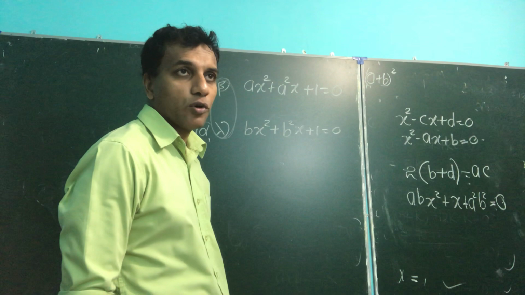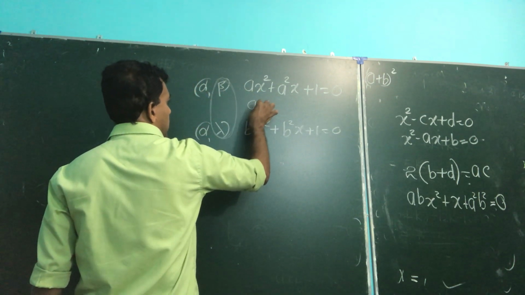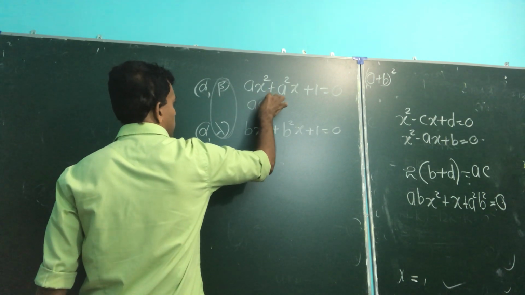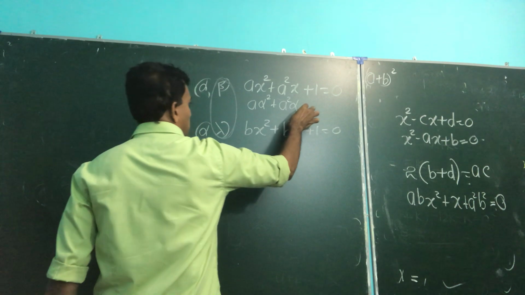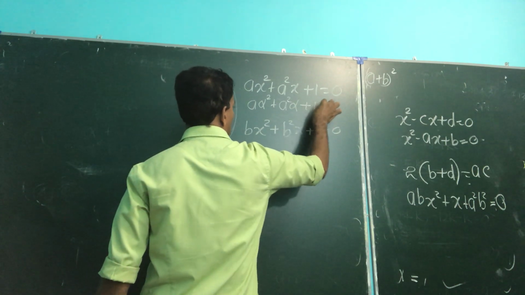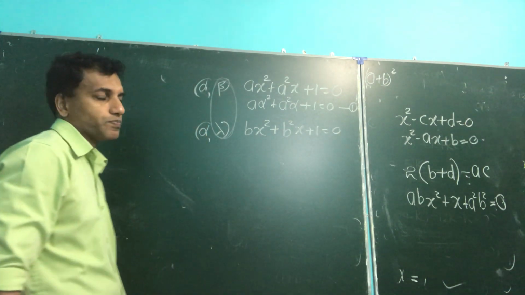Now alpha is the common root. So write it. x for alpha: a alpha square plus a square alpha plus 1 equals 0. Say, first equation.